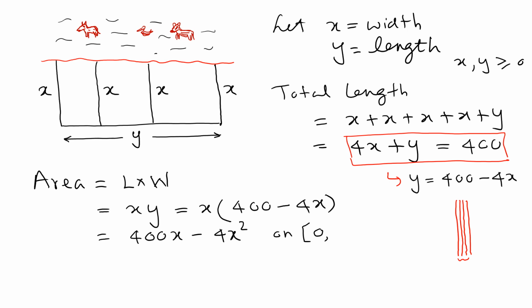Since there are 4 of them, the maximum you can get for x is 100. In that case y is simply 0, which is not practical, but mathematically you can write it like that. So x goes from 0 to 100. That's where the 100 comes from, because there are 4 widths and the total is 400.